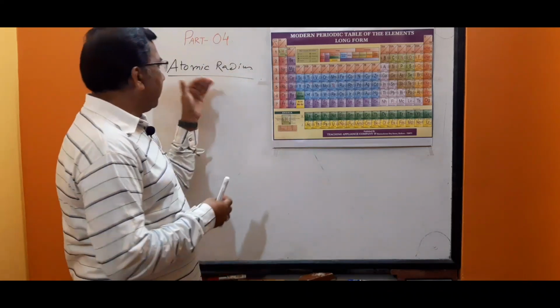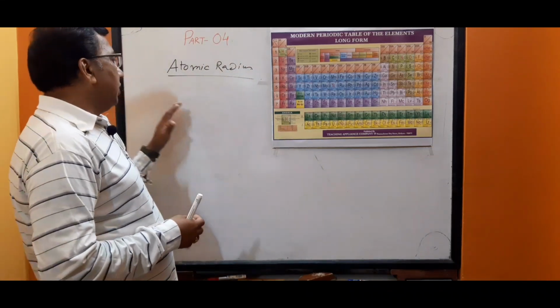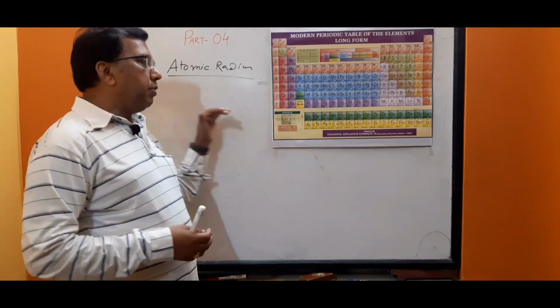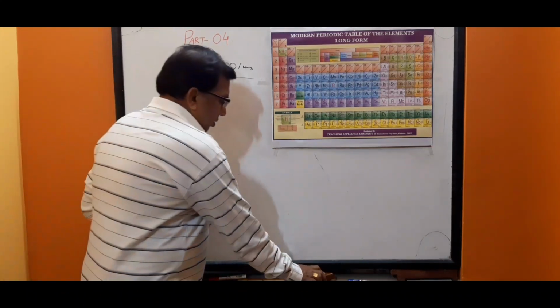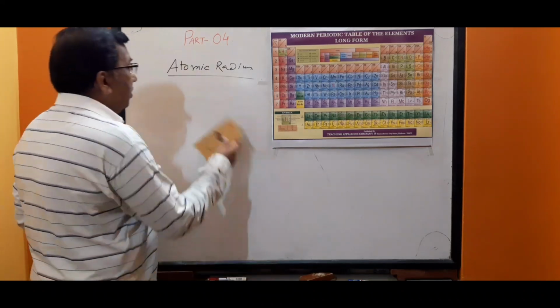So ionic radii, van der Waals radii, covalent radii, and metallic radii we have to discuss here.